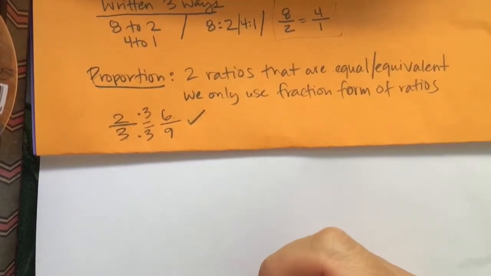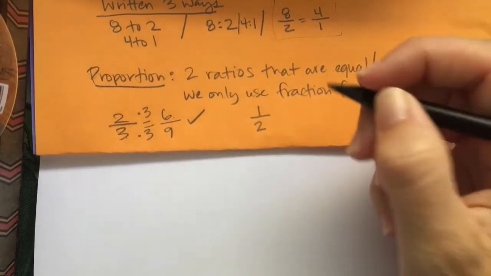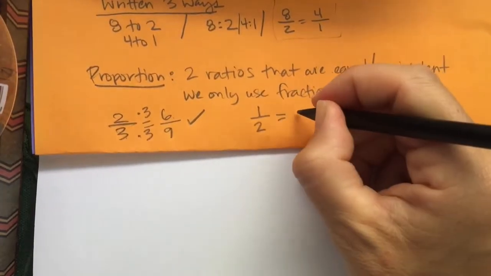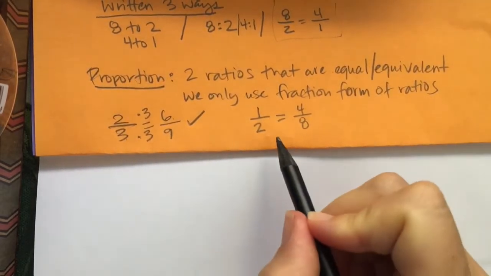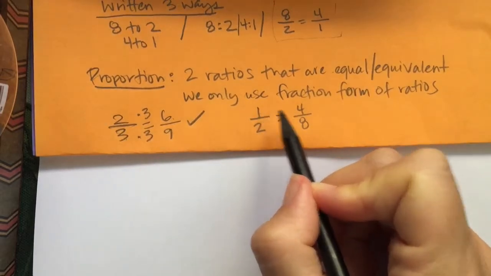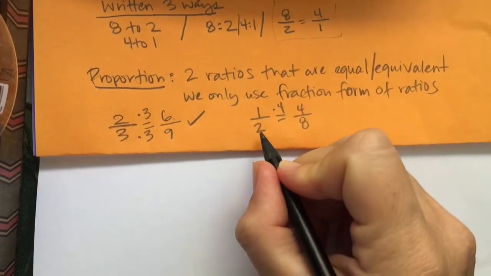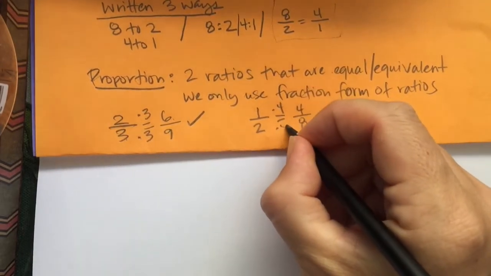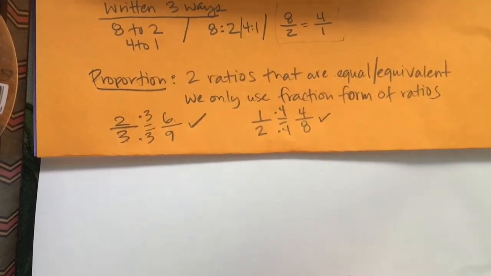This is in proportion. Okay? Let's say we had 1 over 2 equals 4 to 8. Is this in proportion? Well, yes, because in order to turn 1 into 4, I multiplied by 4. And in order to turn 2 into 8, you would also have to multiply by 4. So these are also in proportion.